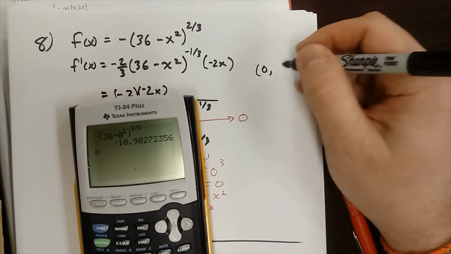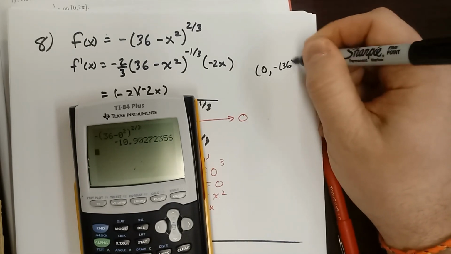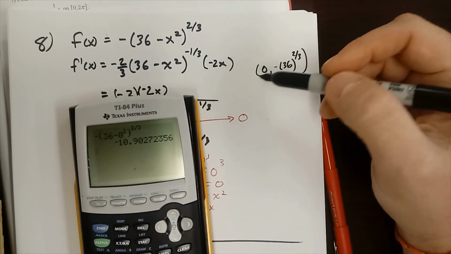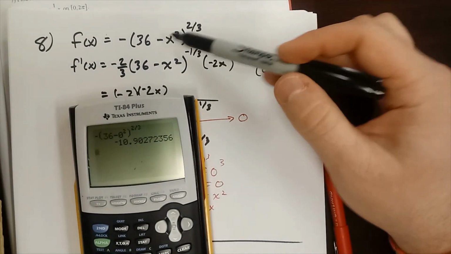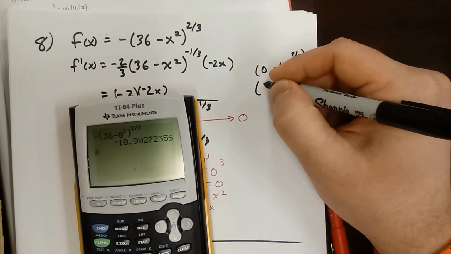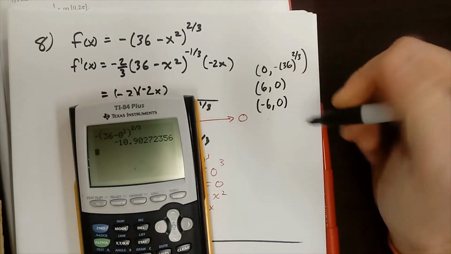So I'm going to leave this as negative 36 to the 2/3. And then when I plug in 6, I get something nice. 6 turns this into 0, and so does negative 6. So we wind up getting 6, 0, and negative 6, 0, which those are great.